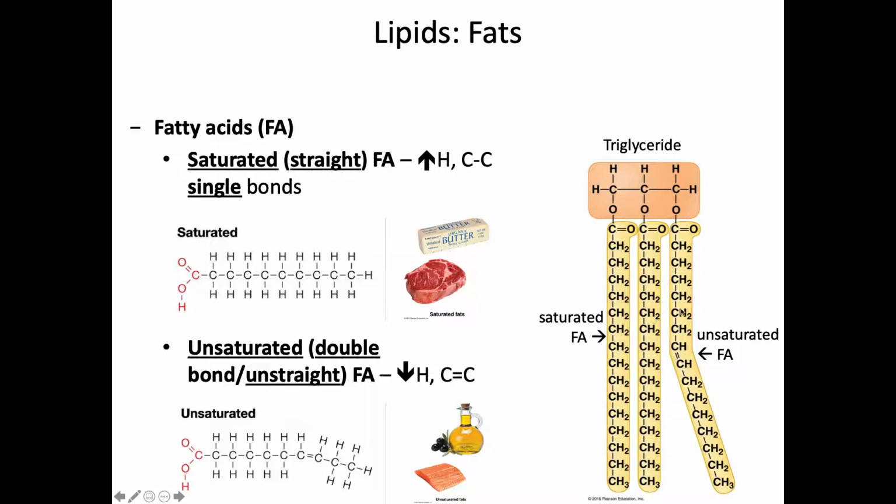So for this reason, these unsaturated fats are liquids at room temperature. A good example is your olive oil, salmon, your omega-3 oils. Those will stay liquids at room temperature.